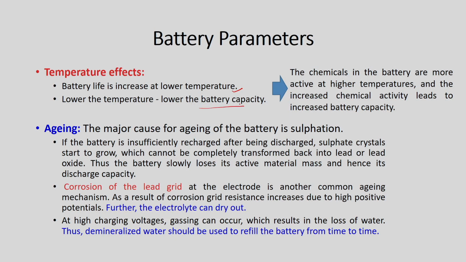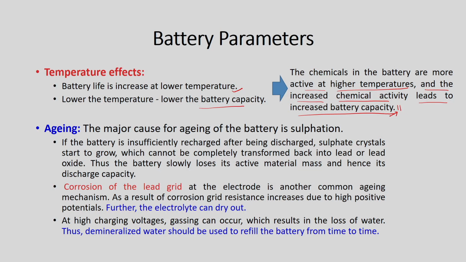What happens is that the chemicals in the battery are more active at a higher temperature, and the increased chemical activity leads to increased battery capacity. So, by increasing the temperature we can increase the capacity of the battery, but if we increase it more than a specified value, it will have a detrimental effect on the battery health.